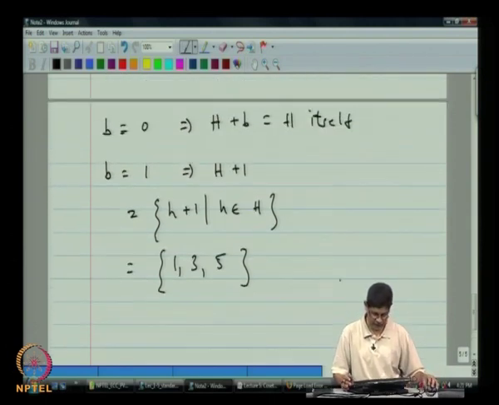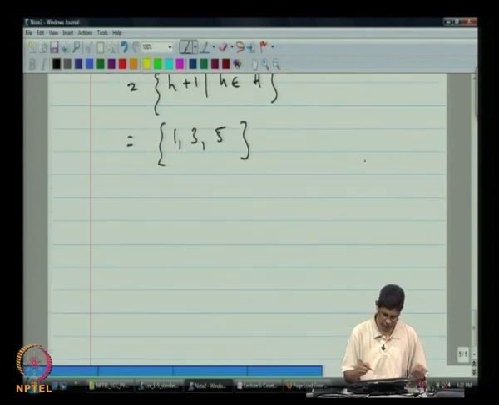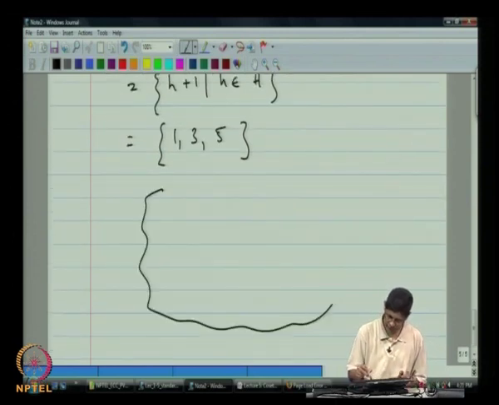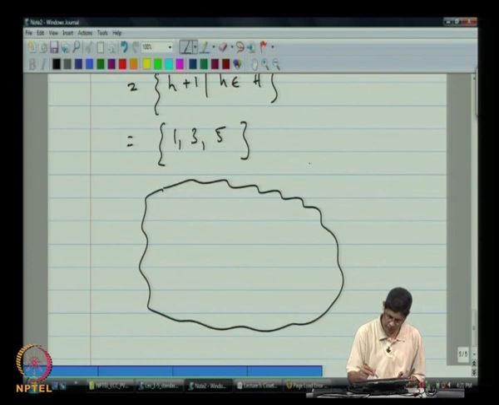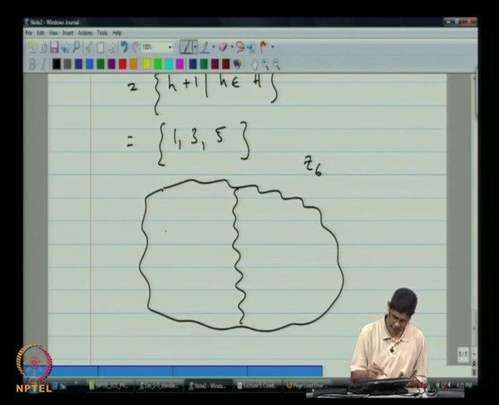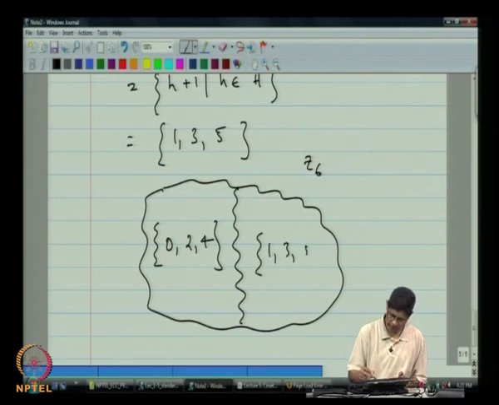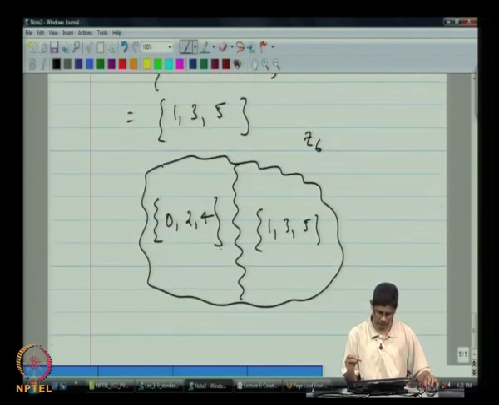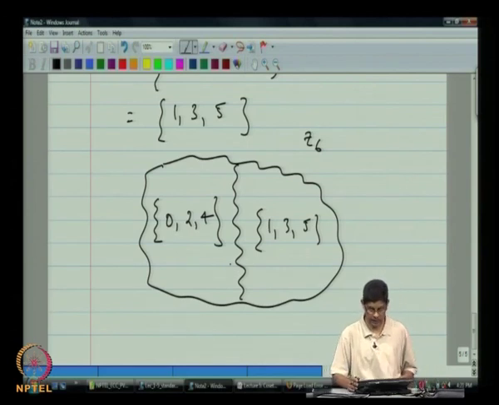These two partition the group. So we have the following picture: if you look at the integers mod 6, Z6, then on one side you have 0, 2, 4, and on the other side you have 1, 3, 5. So these are the only two equivalence classes into which the group is partitioned.